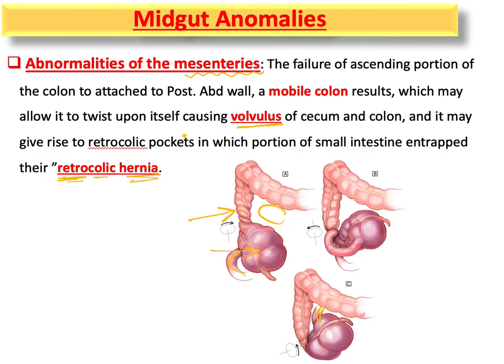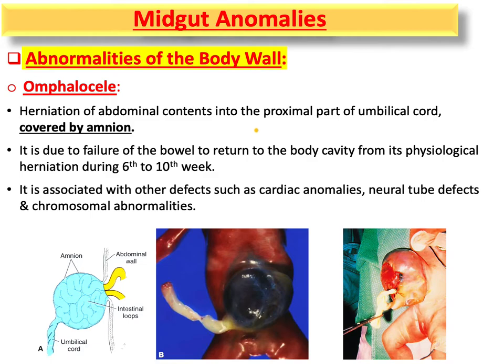Okay, this is the abnormality of mesenteries. But also, we know that during the development of the midgut, we can get abnormality of the body wall, the anterior abdominal wall itself. The first one, which is common, is called omphalocele.